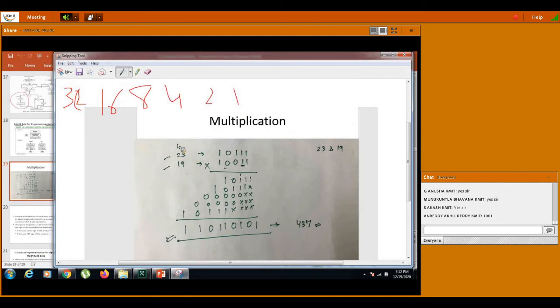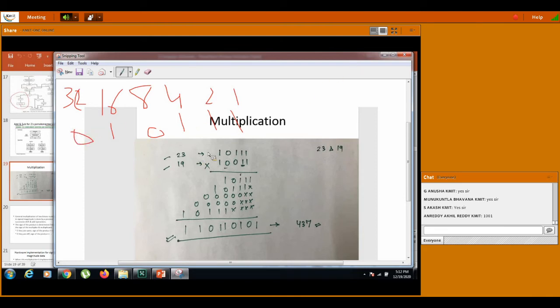We get 23 by adding 16, 4, 2 and 1. So the number is 1 0 1 1 1.